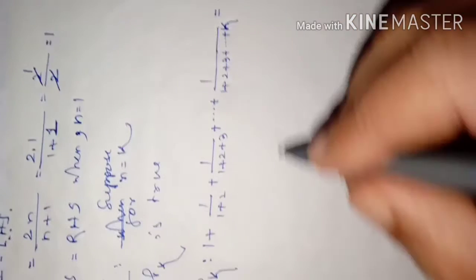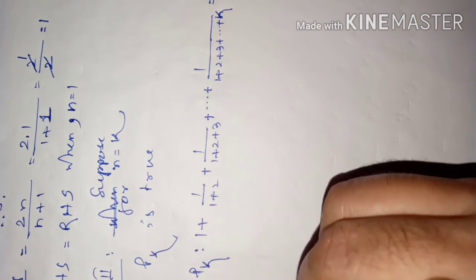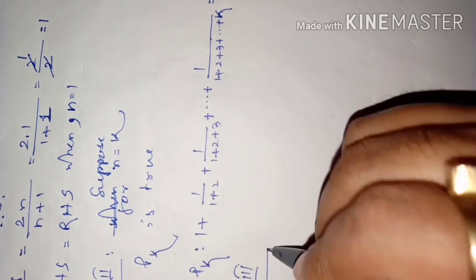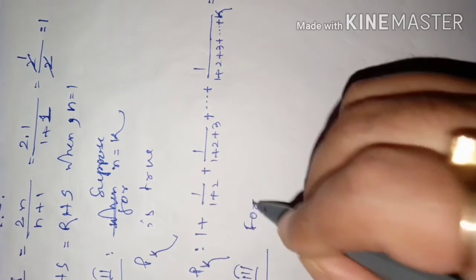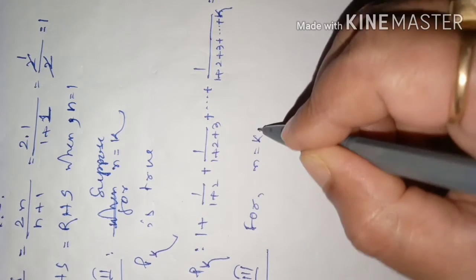Now for k plus 1, let us see. Case 3 is for n is equal to k plus 1.